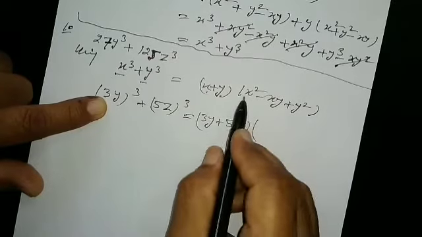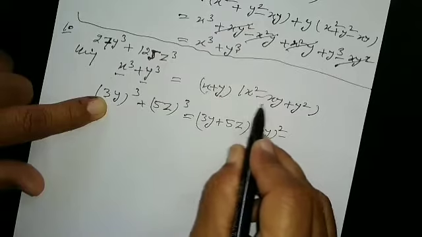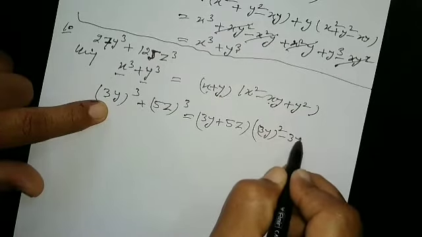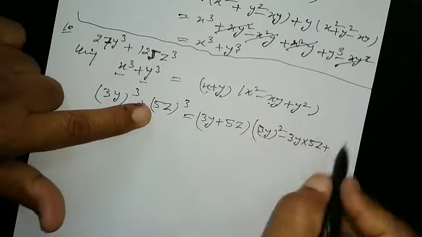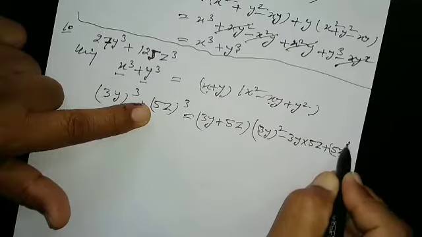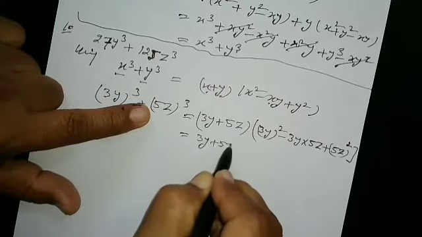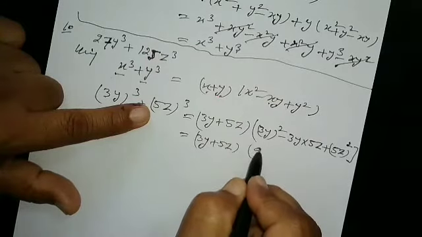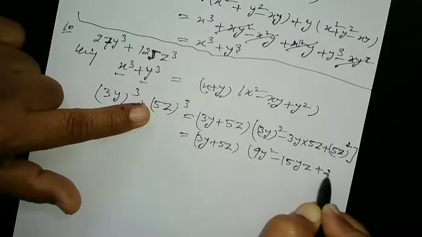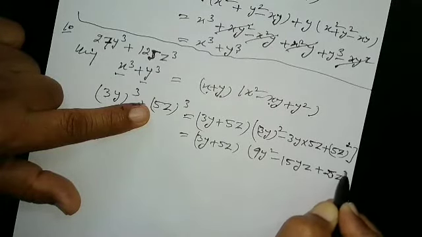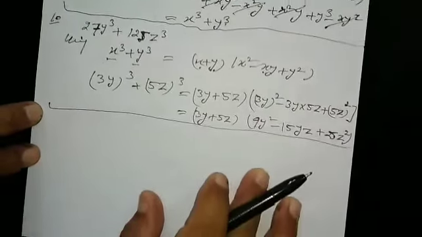First plus second, square of first, that is square of 3y, minus multiplication of first and second, that is 3y into 5z, plus square of the second one, that is square of 5z. And you will see that we will get 9y² − 15yz + 25z², the required factor.